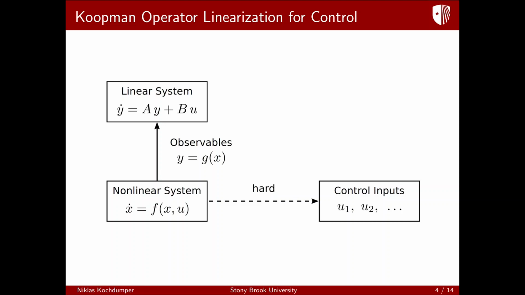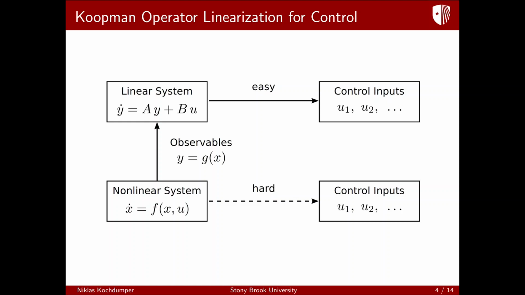Then for linear systems, we have a lot of sophisticated control techniques. So it's actually quite easy to get the control inputs to fulfill a certain control task. And then hopefully, if our Koopman linearized model is close enough to the original nonlinear system, then these control inputs will be very similar, but easier to compute. So that's basically the trick for Koopman linearization.